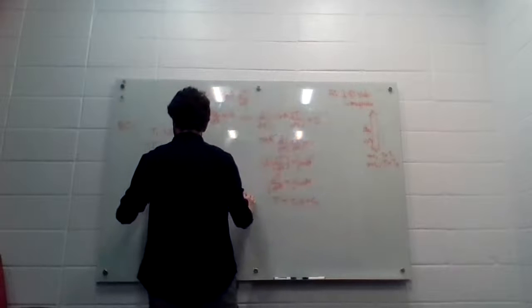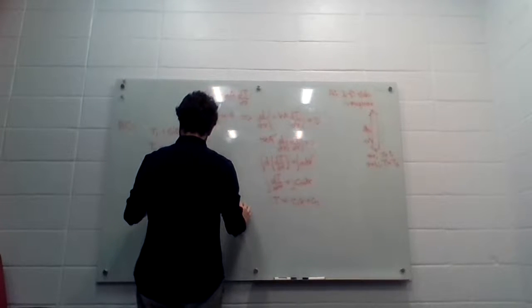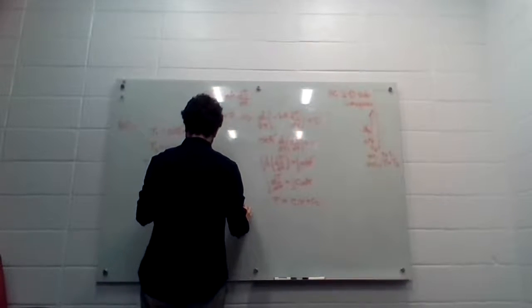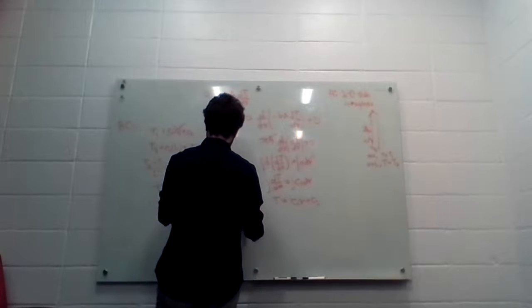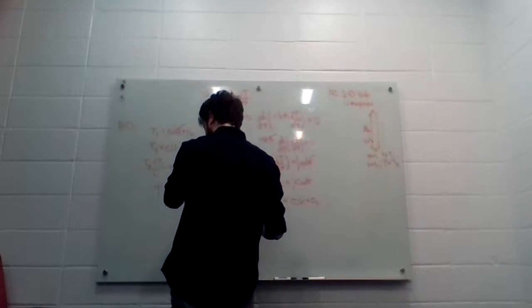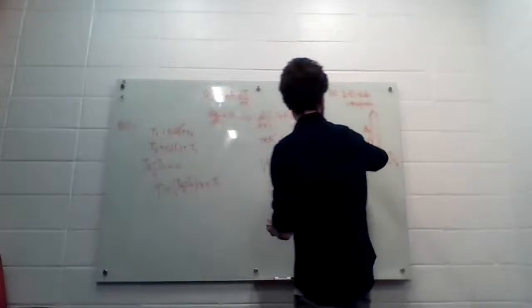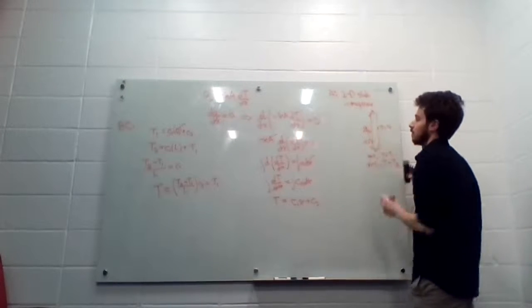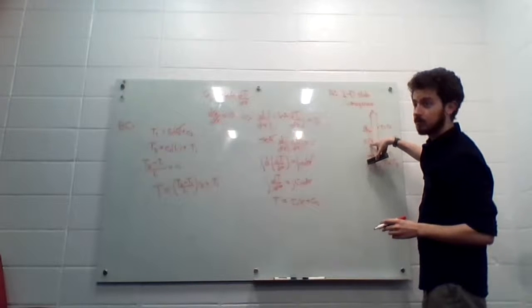So now we've got an expression for C1 and an expression for C2. We're going to plug them back in, and our general expression for T is (T2 minus T1) over L, all times x, plus T1. So basically in this slab, at x equals 0, you start with temperature T1.